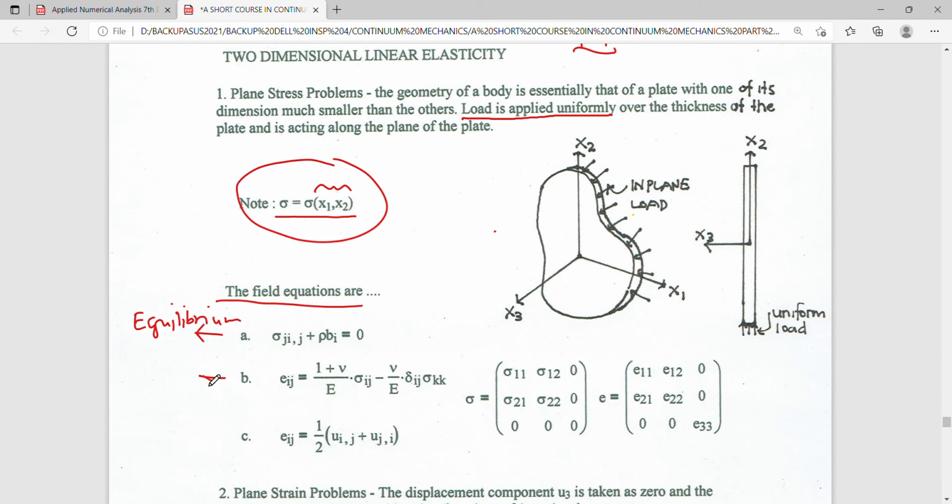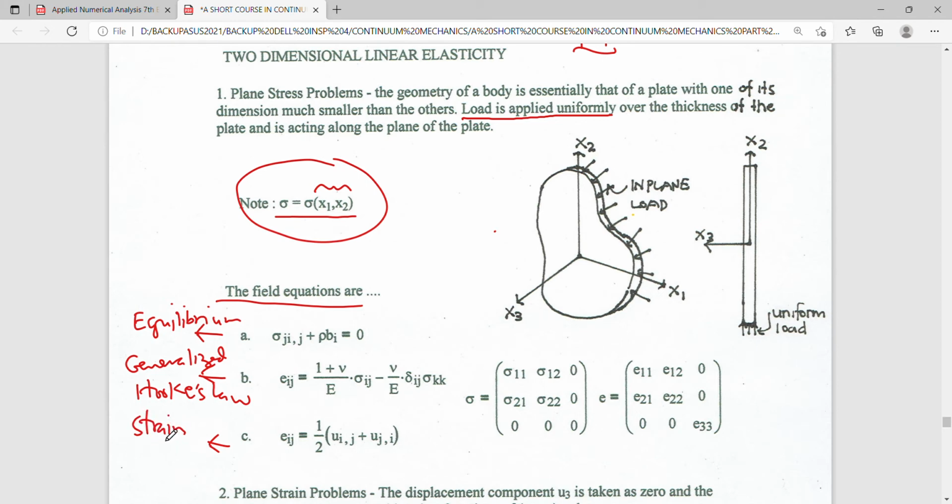Ito yung tinatawag na generalized Hooke's law or the constitutive equation. At ito yung tinatawag nating strain displacement relation. So, where's the compatibility equation?